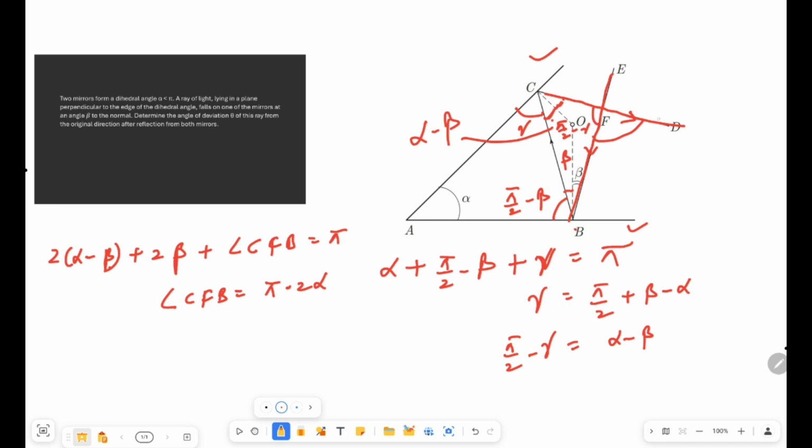If you consider them both as vectors, one is the EB vector and another is the CD vector, and the angle between them is this. If this angle is pi minus 2 alpha, this angle will be simply 2 alpha. So the required angle of deviation of this ray from the original direction after reflection from both the mirrors is equal to 2 alpha. And that is it. Thank you very much for watching.